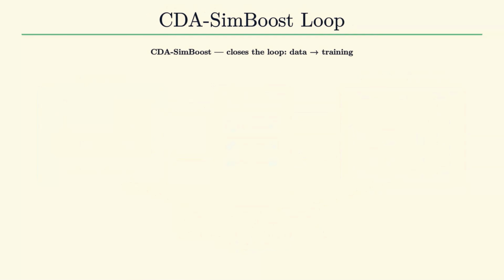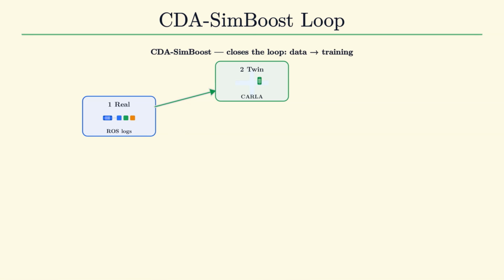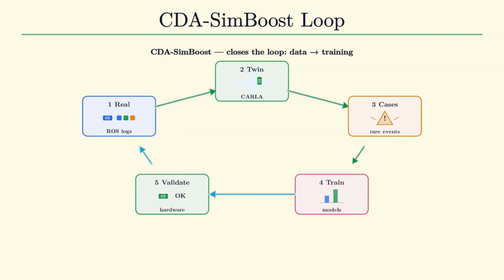CDA SimBoost closes the loop between real-world data and simulation-based training. The pipeline: import real-world sensor data, reconstruct the physical environment, use the digital twin to generate challenging scenario variants, train and benchmark cooperative perception and planning systems. Why generate scenarios?